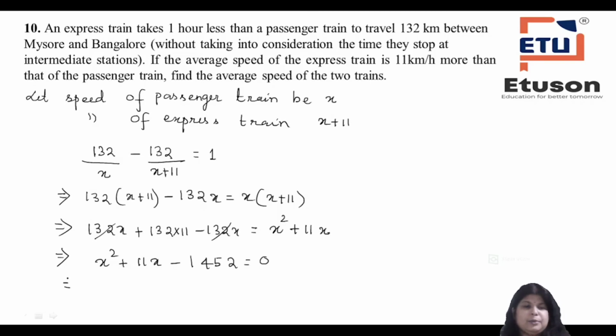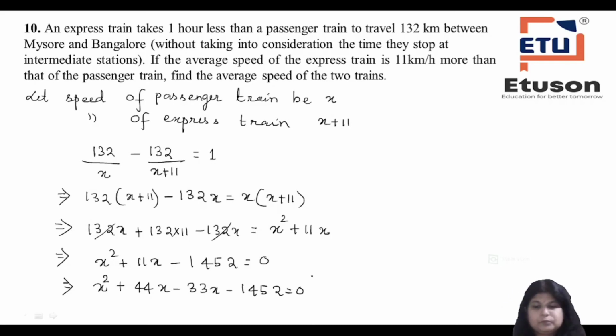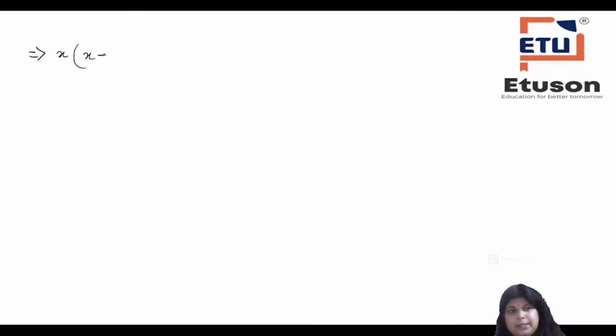So again I am using the splitting the middle term or factorization method. So let us write down x square plus 11x, I can write it down as 44x minus 33x. Correct or not? Minus 1452 is equal to 0. So taking your x common, you will get x plus 44.